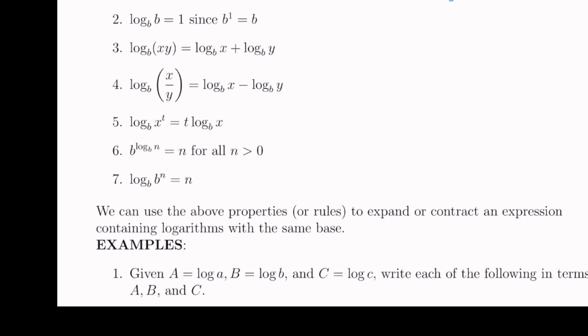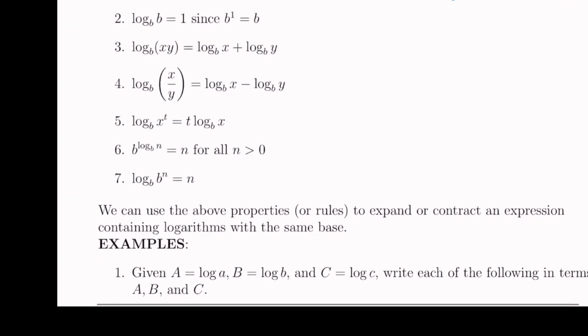If you have log base b of b equals 1, since b to the 1 equals b, essentially we're saying this is like our identity property. You have a base and an argument that are equal.